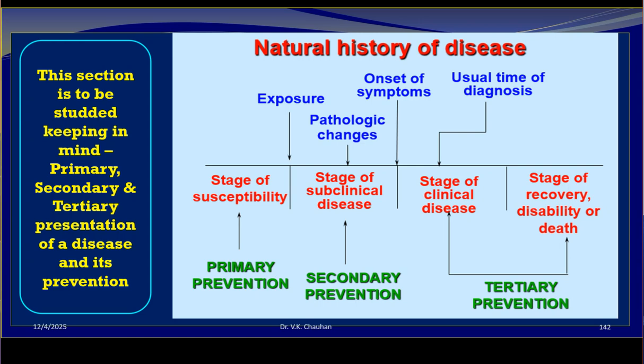I would like to propose that whatever materia medica is written, it imbibes three levels of perception of the disease stages. Primary presentation, where the patient is there, constitution is there and susceptibility is there.